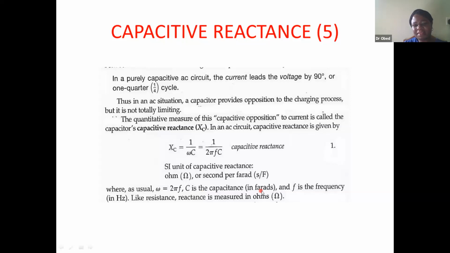So like resistance, reactance is measured in ohms. This equation is very important as we go on. So take note of that.